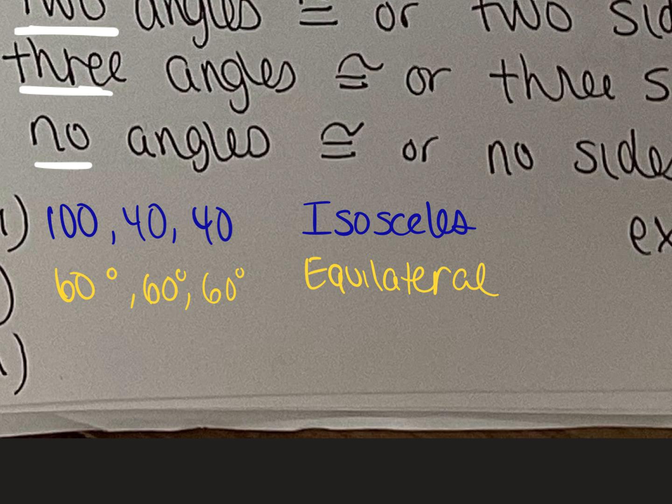Okay, let's go 15 and 25. And let's see, that's 40, so 140. And what kind would that be? Isosceles, equilateral, or scalene? That would be scalene. None of them match.